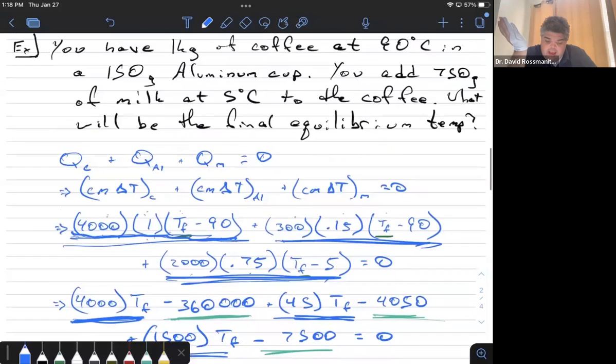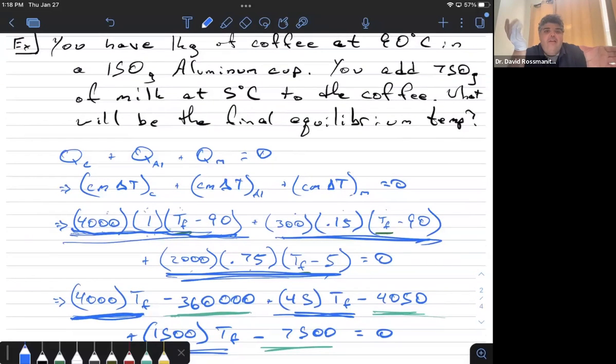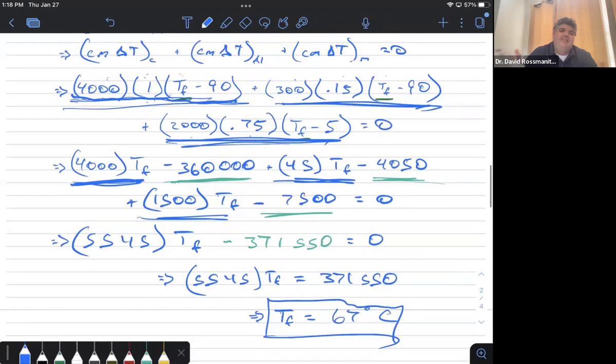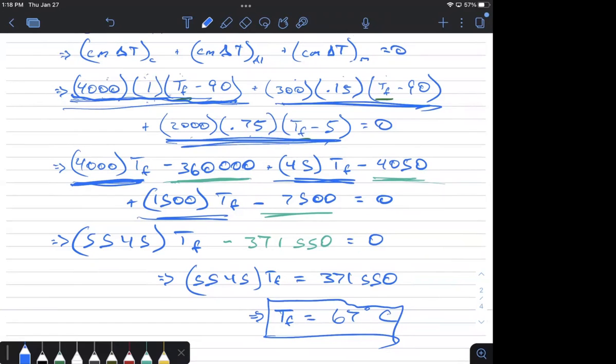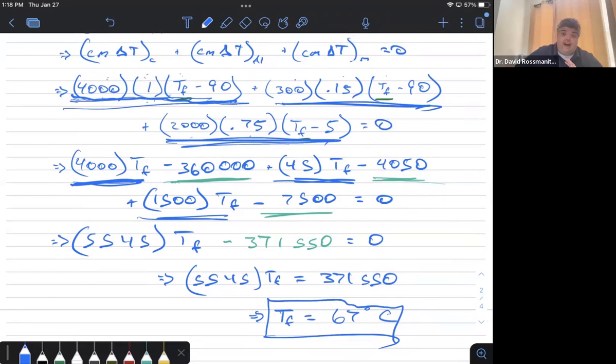There's no way I can take something hot, put a 5-degree thing into it, and have it less than 5. So I know the answer has to be somewhere between 5 and 90. If I get a number like that, it's probably fine. The big thing to look out for is, is the number bigger than 90 or less than 5? Then you know definitely there's something wrong.